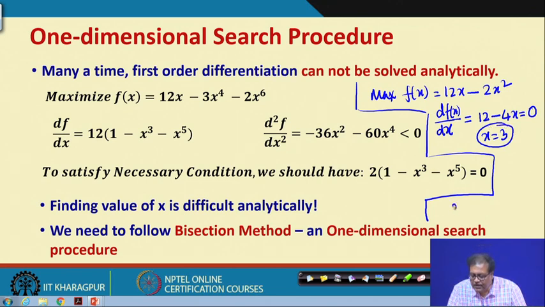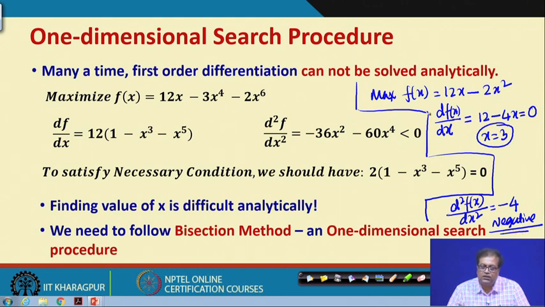What is the second derivative? The second derivative d square f/dx square equals minus 4. We can see that this is negative. Since it is negative, the original objective function is concave, and therefore x equal to 3 is our optimal solution.